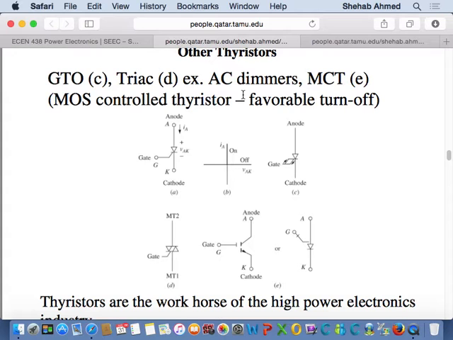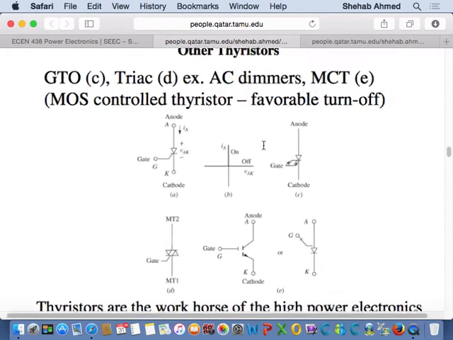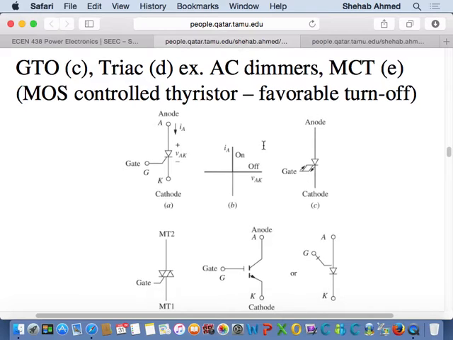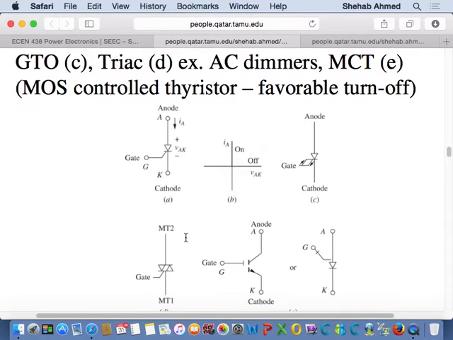Thyristors and SCRs are nice, and actually it's the workhorse of high power converters, and we will see some charts now for different ratings of devices, but it is the main workhorse of very high power applications. We can turn it on, but we cannot turn it off. Turning it off is by the circuit. Circuit conditions dictate when it turns off. As soon as current tries to flow in that direction, it turns off.